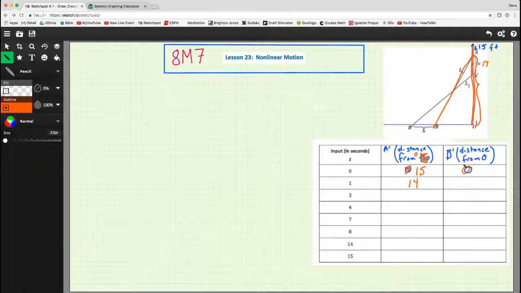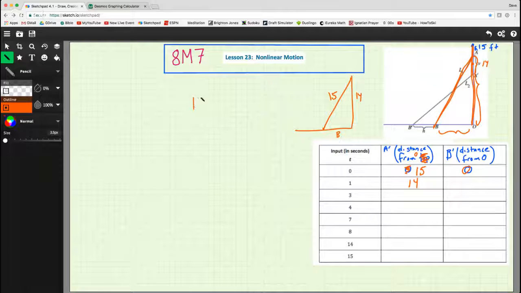Now we can find out what B prime is. How far is the ladder from the bottom? And we can know that, remember, because this is 14, this is B, and this is 15. So let's use that Pythagorean theorem to figure out what B prime is.